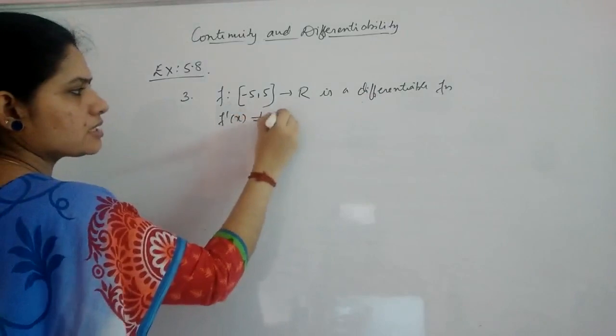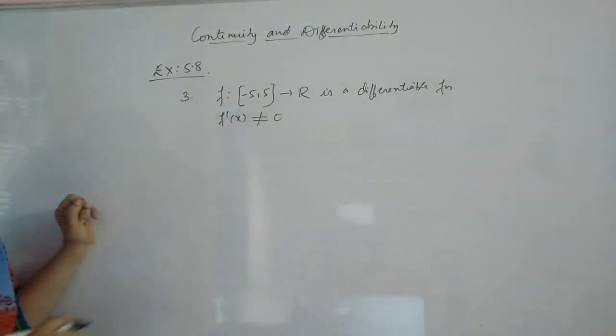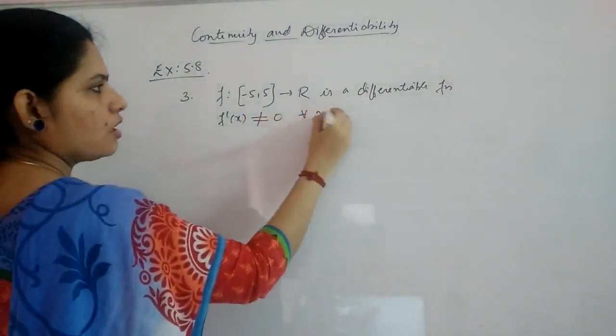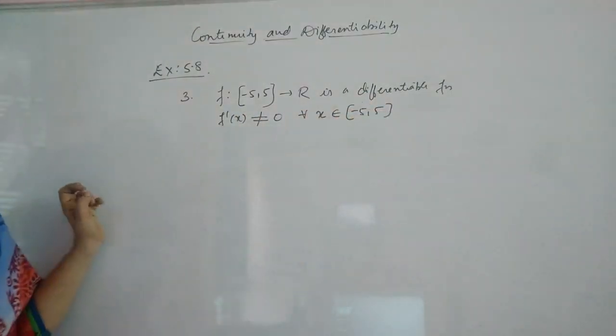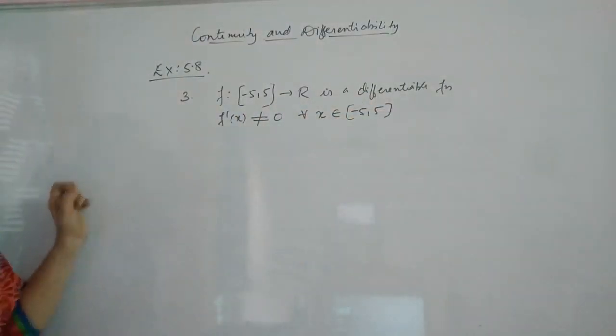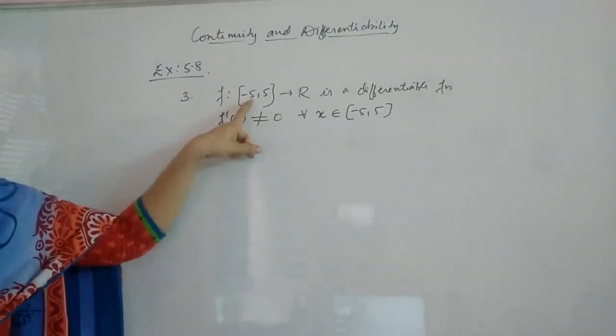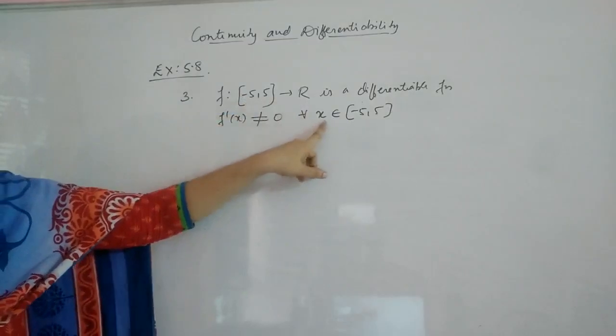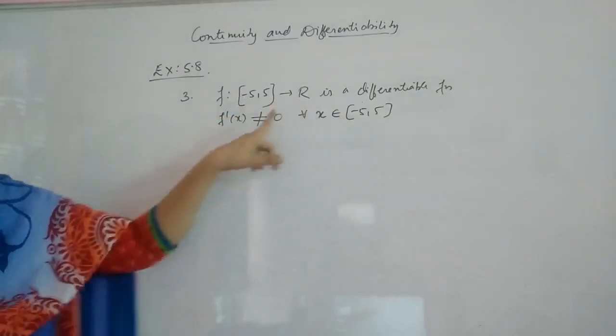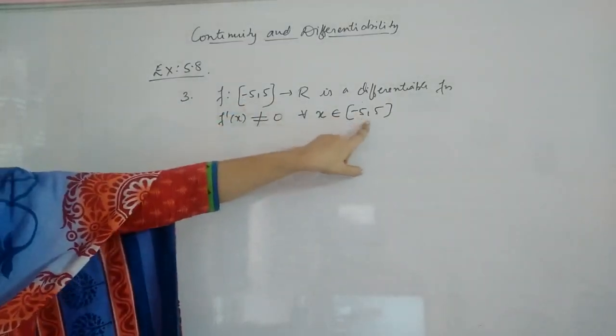Does not vanish means it is not equal to 0 anywhere, that is, for all x belonging to the closed interval. This is the meaning of that sentence: f dash of x does not vanish anywhere, for any x taken from this interval.